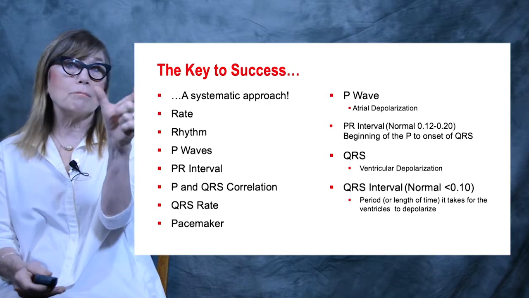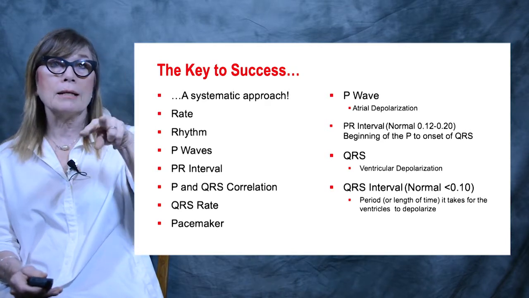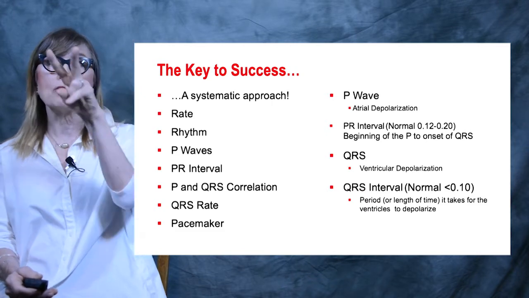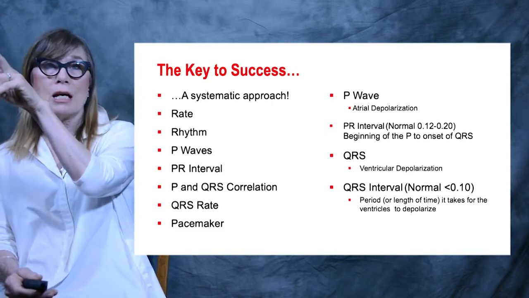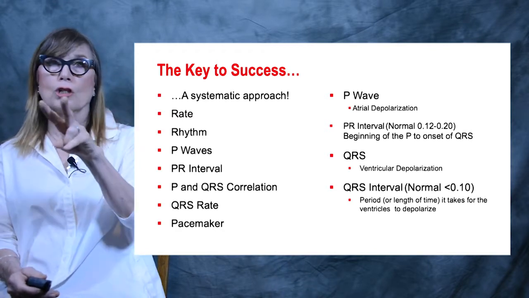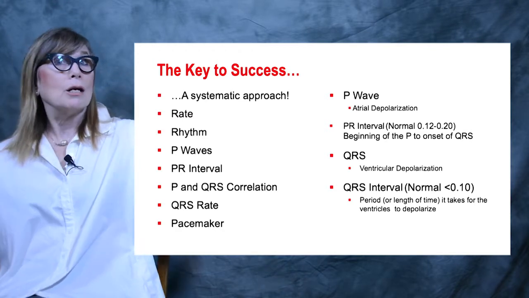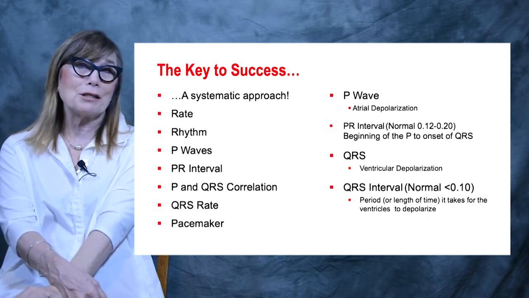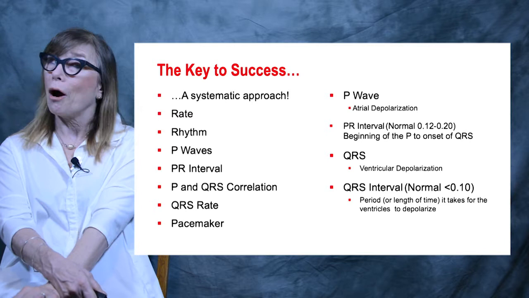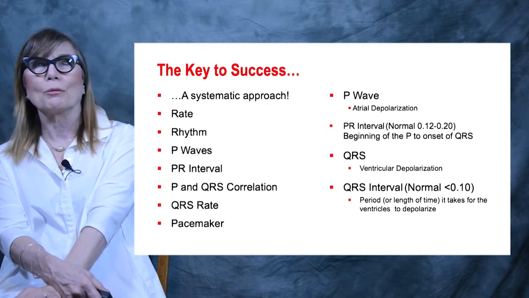So if you just make a small mark on an index card where the first P is and the second P is, and march that along your EKG, and then match that to your QRS, and march along your EKG, you'll be able to actually discover the systematic approach and whether or not your patient has a regular rate and a regular rhythm.